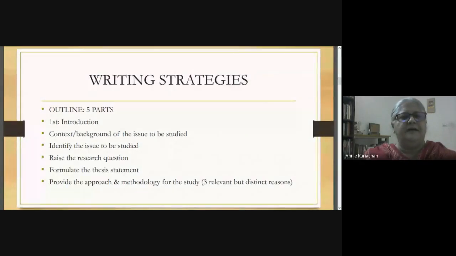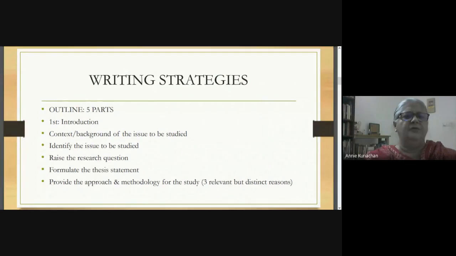So, of the 5 parts, the first part is what is referred to as the introduction. All right, so the introduction over here, and I'm going to talk about how the outline is written. First, we go to the outline, and then we move into how an essay is written.